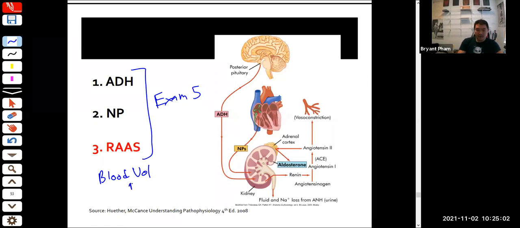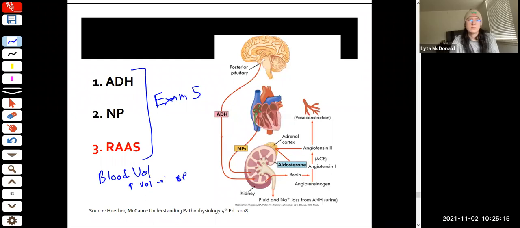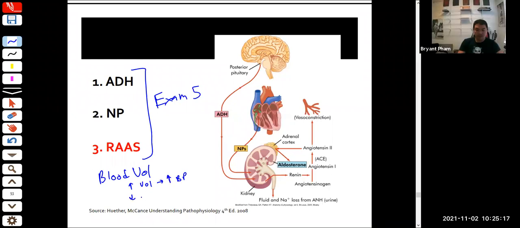If you increase your blood volume, what does that do to blood pressure? If we doubled the amount of blood inside of you right now, what would your blood pressure be? Higher. Yep. More volume, more pressure. Less volume, less pressure. That's what that slide's trying to get at.